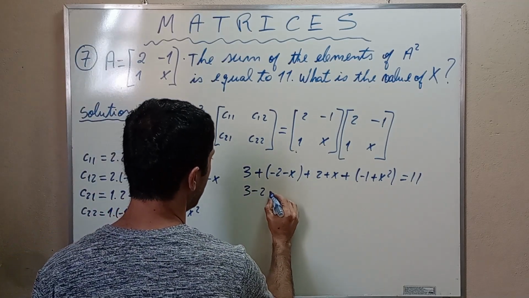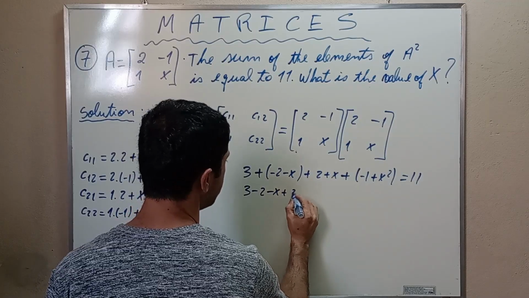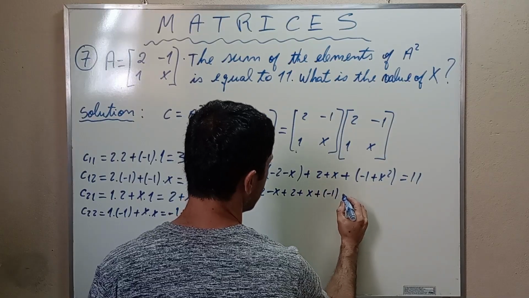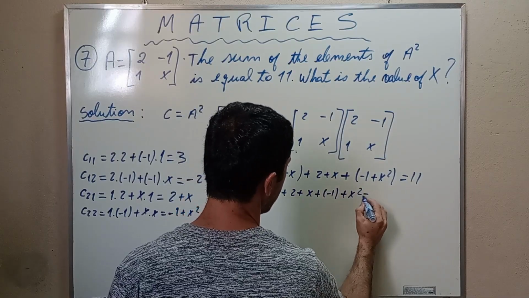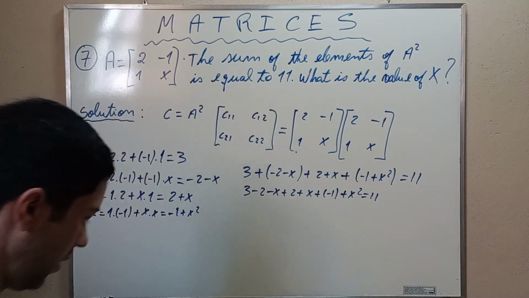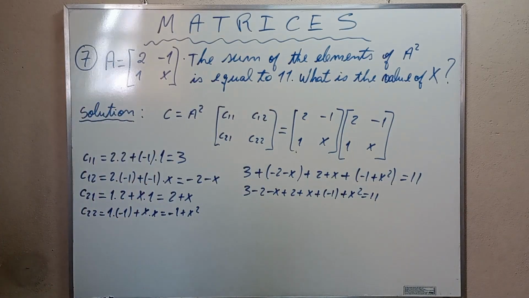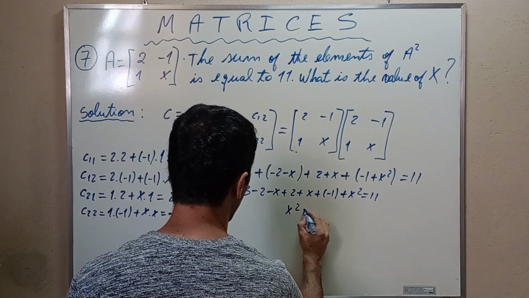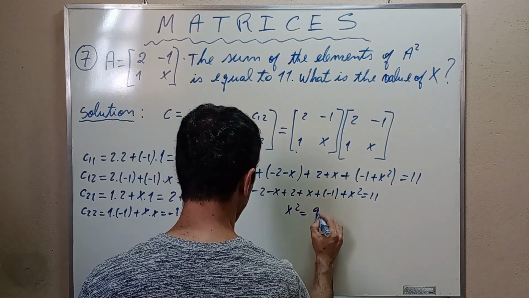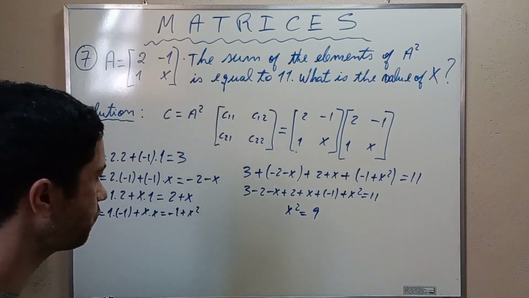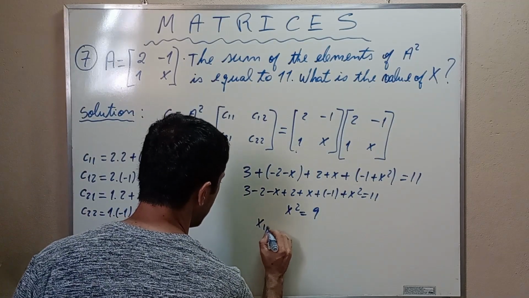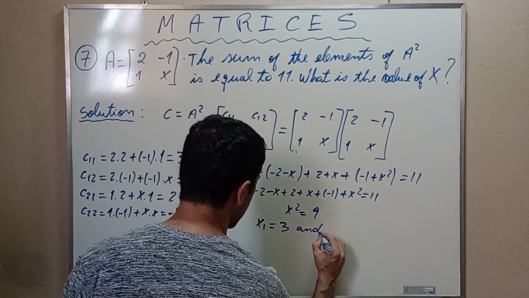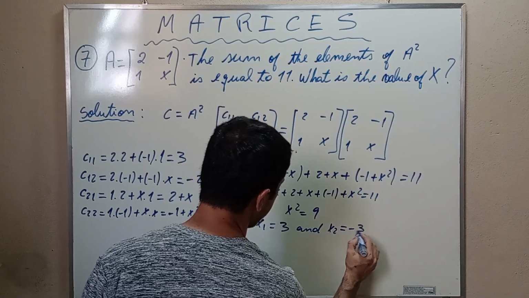And in the end we find that x squared is equal to 9, whose roots are x1 equal to 3 and x2 equal to negative 3.